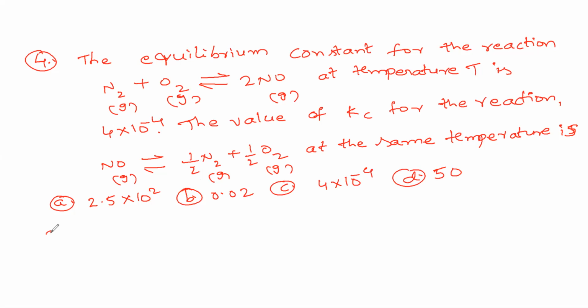So let us take the solution for this. In this question, they have given the equilibrium constant for this reaction is 4 into 10 to the power of minus 4. Based on this Kc value, they are asking us to find the Kc value for the reversible reaction with half number of moles at the same temperature.